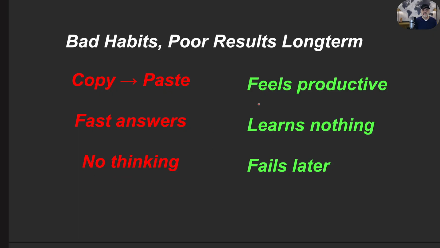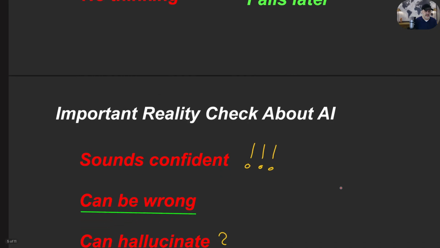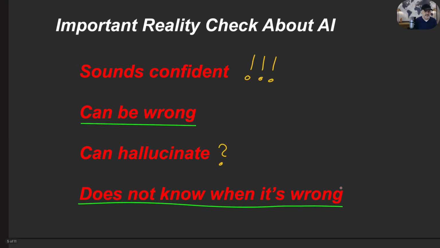But this is the tendency of students or people who are starting to work with AI: they follow those bad habits. They feel productive, but they don't learn anything, although they think they do. That is a very bad recipe. It's a recipe for disaster later, when they find out that all they did was wrong, useless, incompetent, etc. So we have to remove those bad habits from our system.